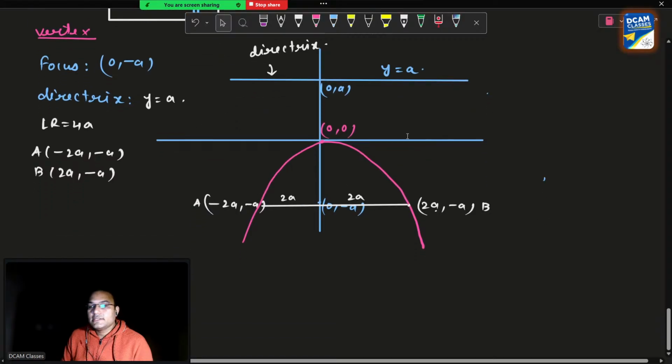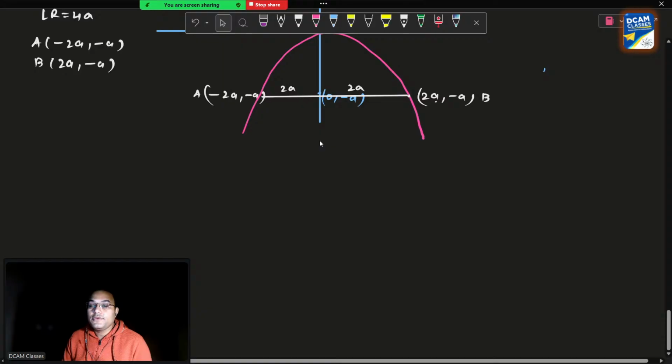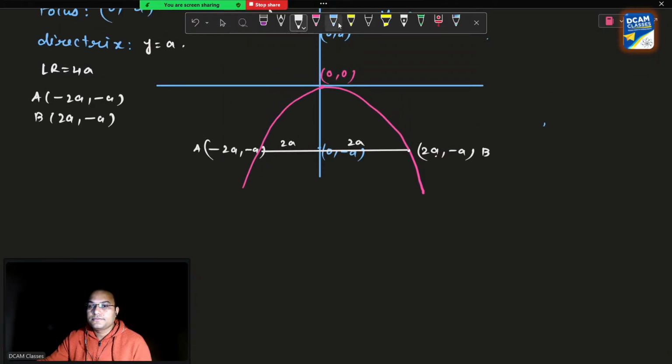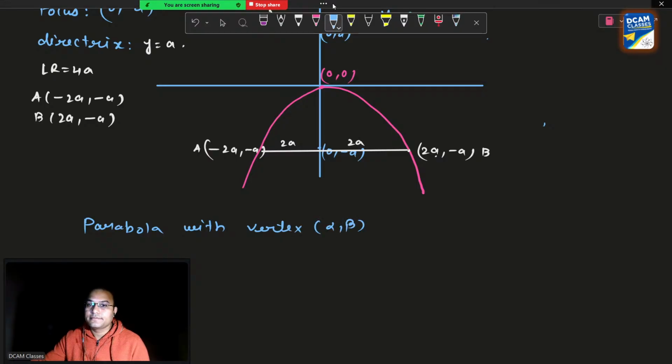The next is the parabola whose vertex is not 0, 0. What do we do when the vertex is not 0, 0? Parabola with the vertex alpha comma beta, I say.